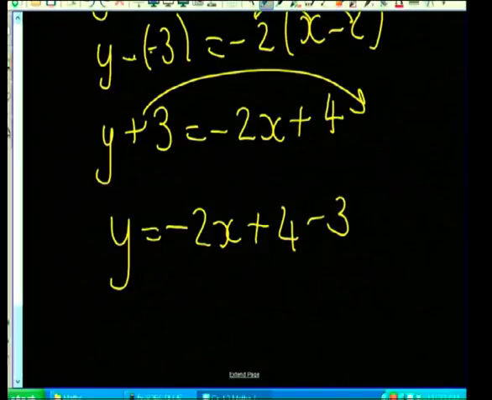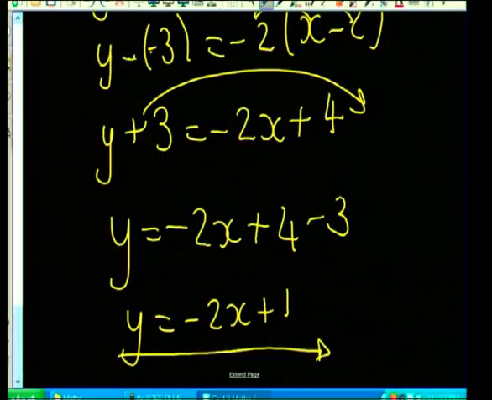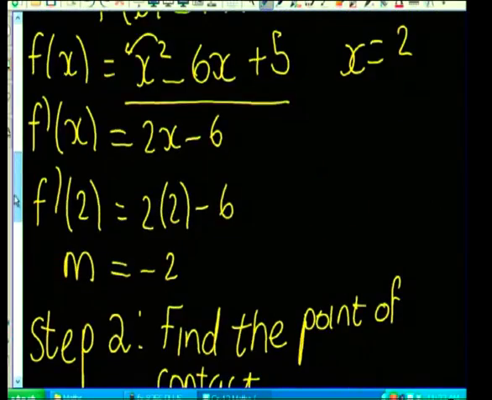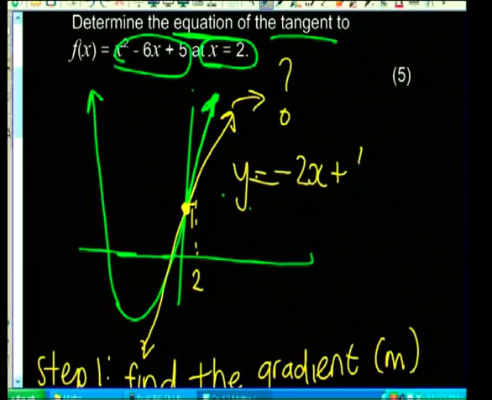Remember, when something comes over an equal sign, it changes sign. And if you add those two, apples with apples, you get that. So then the equation of this line here is y is equal to minus 2x plus 1.